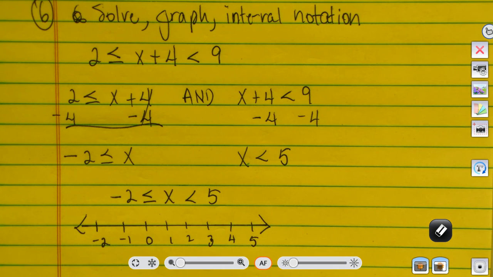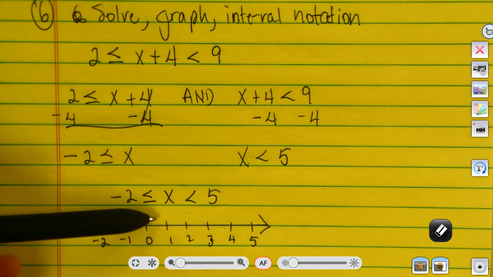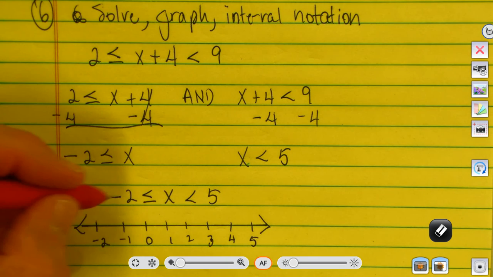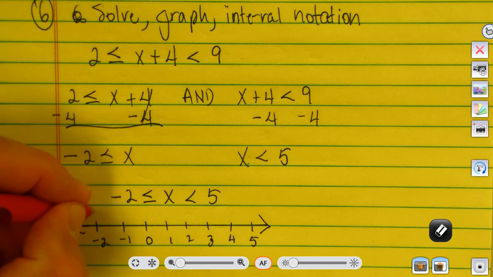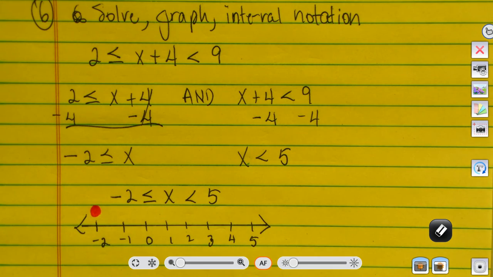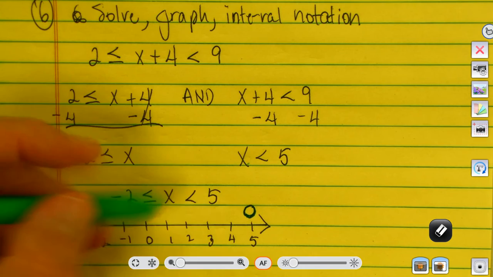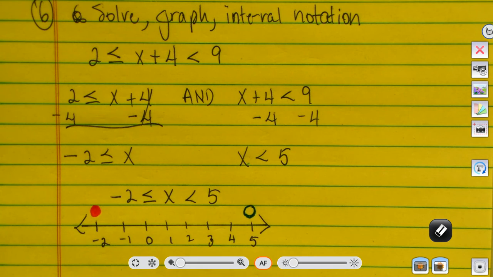What I'm saying is negative 2 is less than or equal to x, which is less than 5. Now, the way I'm going to graph that, first of all, is I'm going to place dots on negative 2 and on 5. For negative 2, it's got to be a closed-in dot because it's less than or equal to, correct? But for 5, I'm going to use an open circle because that's just a less than sign.